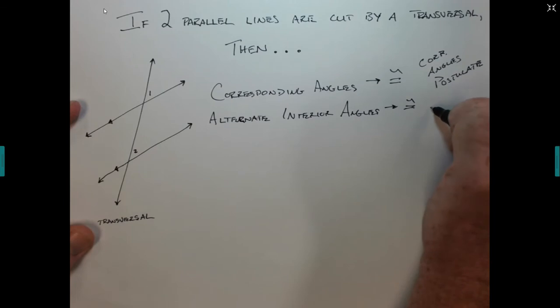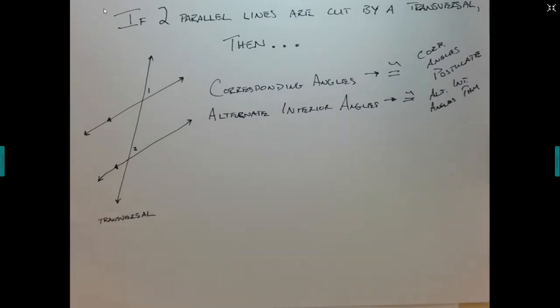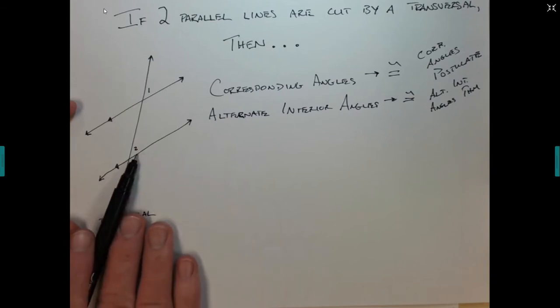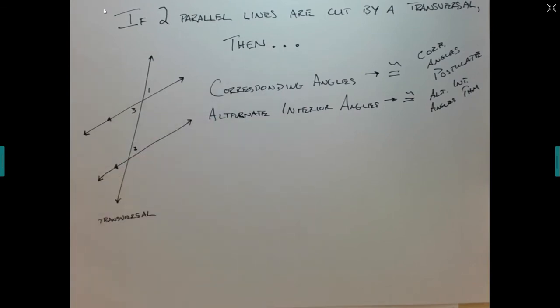And clever enough, that's called the alternate interior angles theorem. The rest of these are theorems, which means they required some sort of a discussion to try and prove that. All right, so alternate interior angles, angle 2 and angle 3 are alternate interior angles. If the lines are parallel, they gotta be the same. If I know one of them, I know the other one.